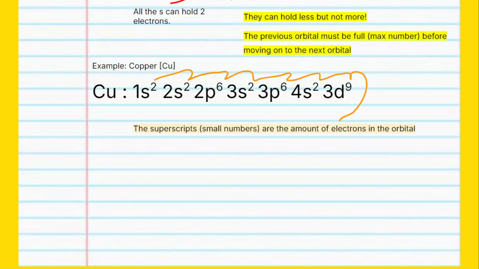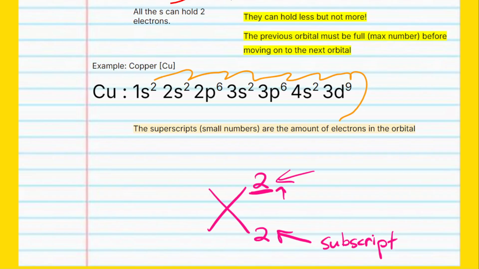Whenever you have a number that is on the top, a number like 2 right here, normally in math you call it exponents, right? Or power, but in chemistry we'll call it superscript. So the superscript is on the top. If you have a number down here at bottom, that's called the subscript.